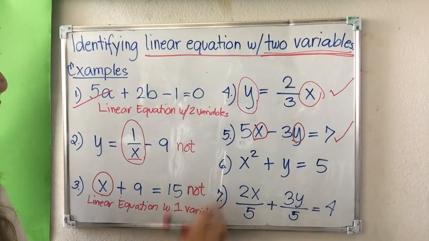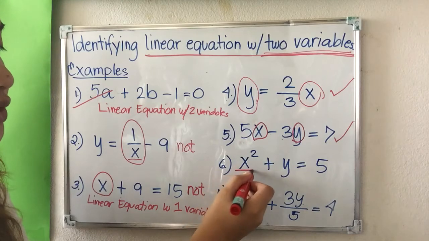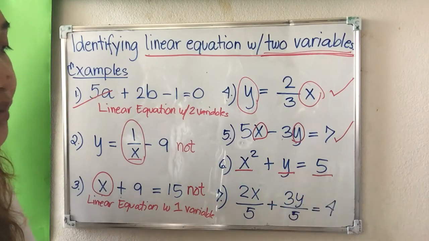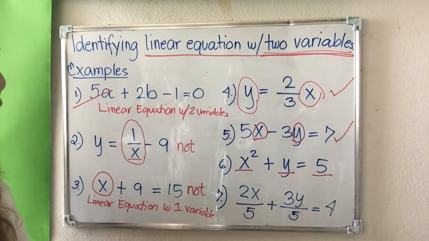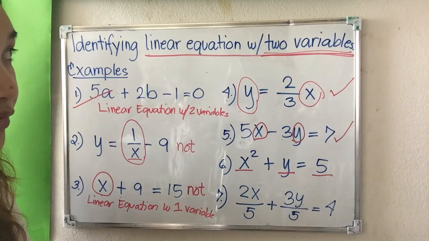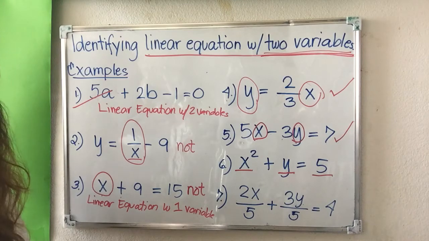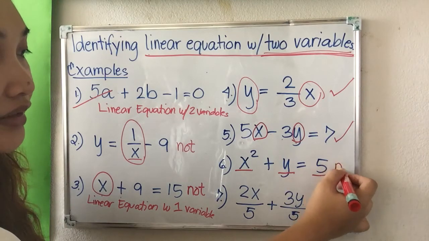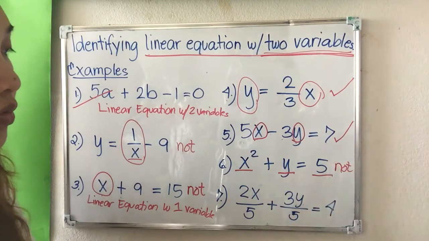How about number 6? We have two variables, x and y, and we also have a numerical number. Is it a linear equation with two variables or not? It's not. Why?